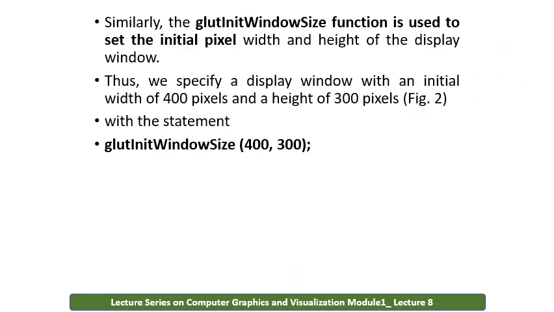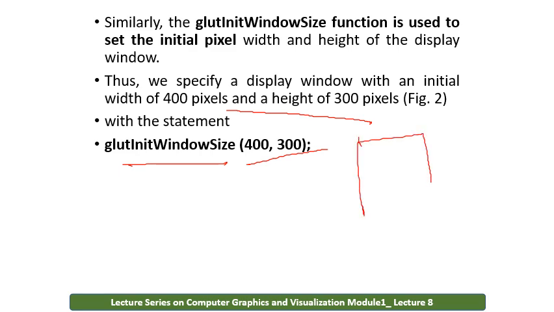Similarly, glutInitWindowSize is a function which is used to set the initial pixel width and height of the display window. Thus, we specify a display window with an initial width of 400 pixels and a height of 300 pixels. This can be specified using the function glutInitWindowSize with 400 and 300.